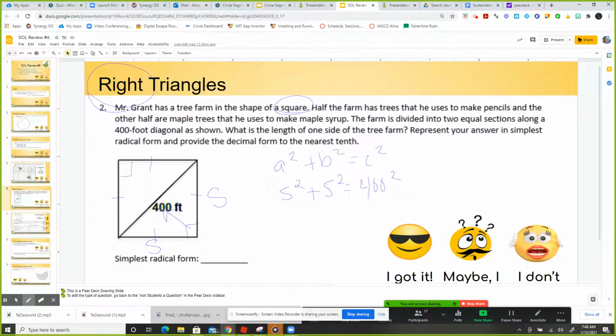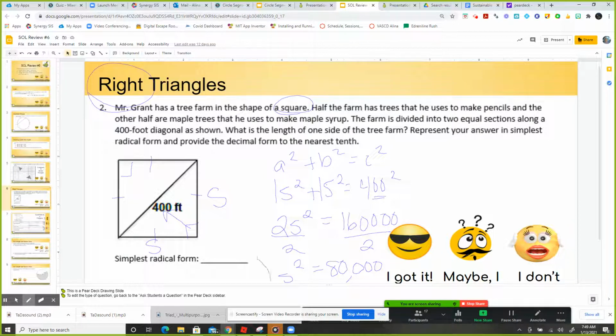If I have 1 s squared plus 1 s squared, that gives me 2s squared equals, and 400 squared is 16, because 4 squared is 16, and then I've got to double the number of zeros. So instead of 2 zeros, I've got 4 zeros. You can check that in the calculator. So now I've got to divide. We're going to divide by 2. S squared equals 80,000. Somebody check that in the calculator and make sure I did that right.